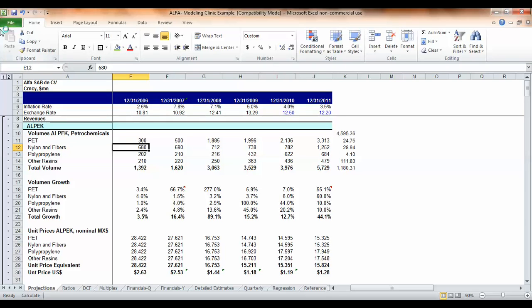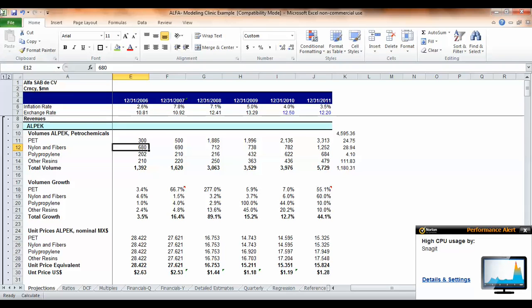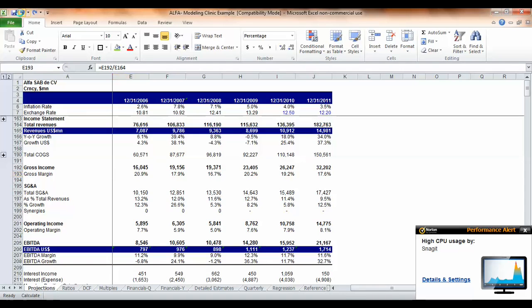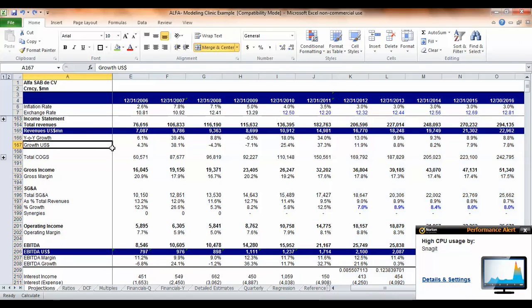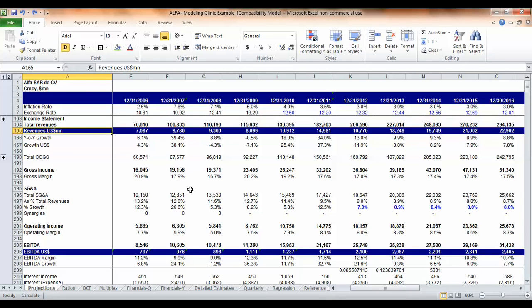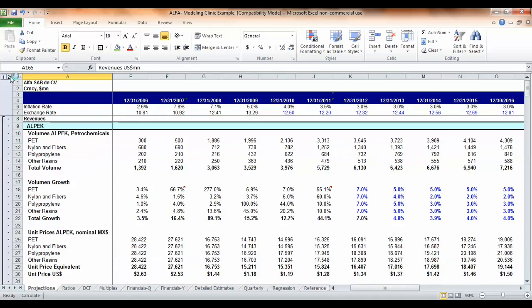The actual volume, we calculate the growth rates, and then the growth rates will be used as drivers, and then we'll calculate the volumes for growth. Same goes for prices. In this case, we have unit prices for the historical period. This is a simplified version. We have the same historical price assumption for the most part.